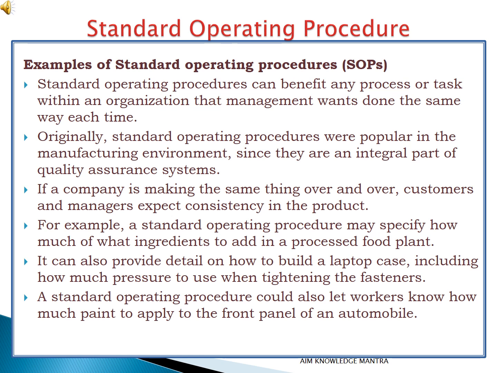If a company is making the same thing over and over, customers and managers expect consistency in the product. For example, a standard operating procedure may specify how much of what ingredients to add in a processed food plant. It can also provide detail on how to build a laptop case, including how much pressure to use when tightening the fasteners. A standard operating procedure could also let workers know how much paint to apply to the front panel of an automobile.